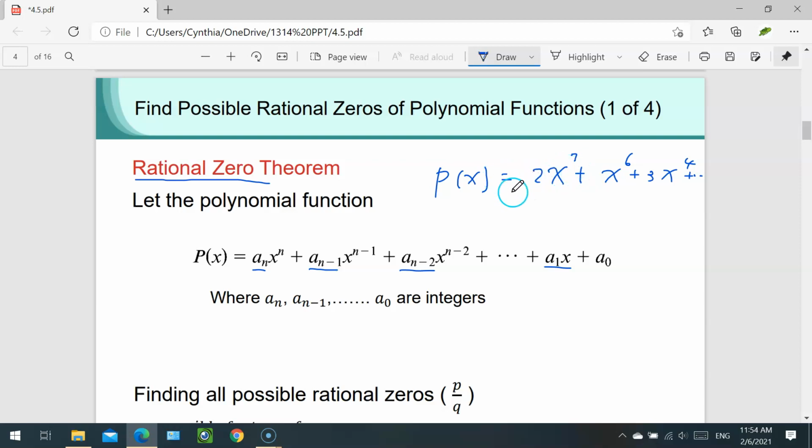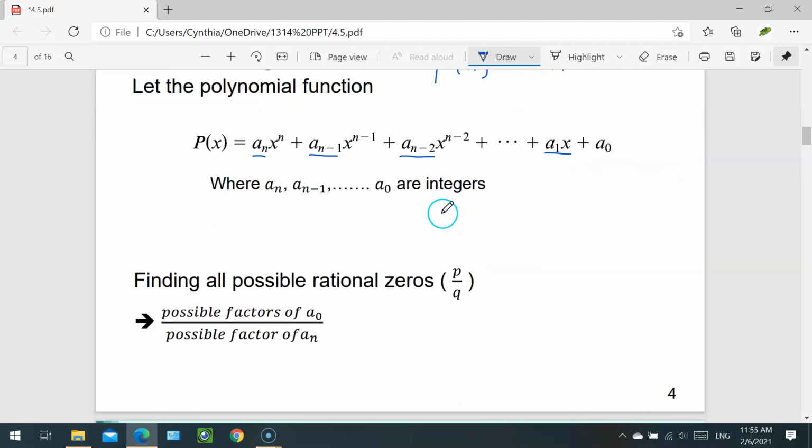But the way we want to learn this subject, we want to do it manually, breaking the polynomial function down into pieces so we can solve for x from those pieces. We call this depressing the equation or depressing the function. So how can we depress the function into pieces? We use finding all possible rational zeros.